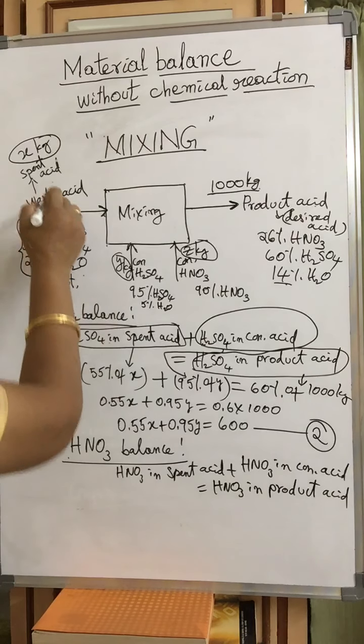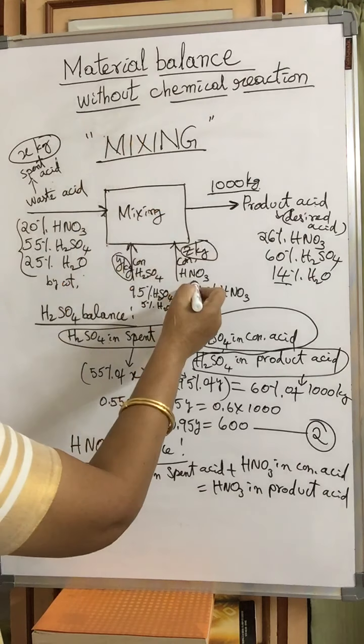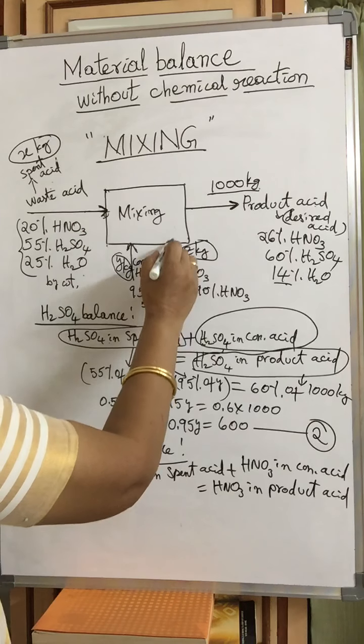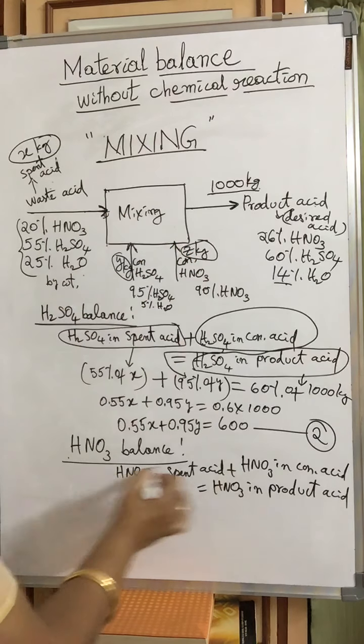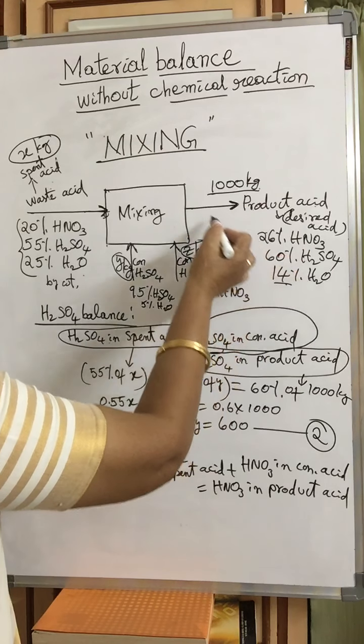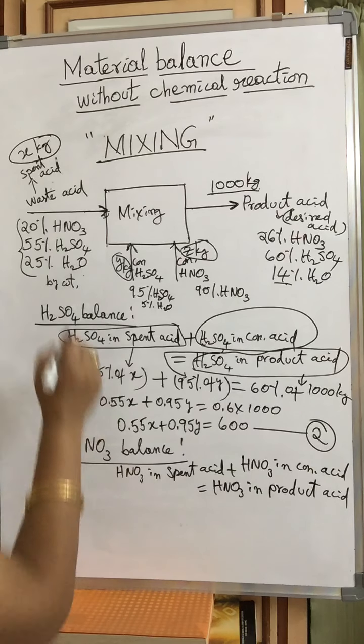Whatever HNO3 is there in the spent acid plus HNO3 in the concentrate, these are the inputs. The sum of these two is the total input. Output is HNO3 here, 26% of 1000.